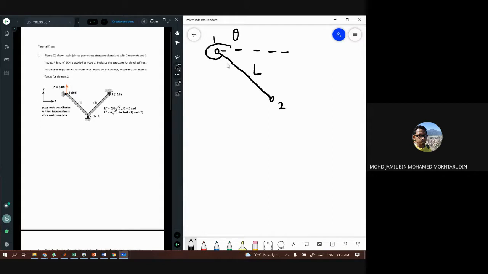From here you can find the angle theta by using cosine and sine trigonometry. Because the height and the length are the same, 6 and 6, this angle is 45 degrees. Same with this one, meaning that the angle theta is 315.